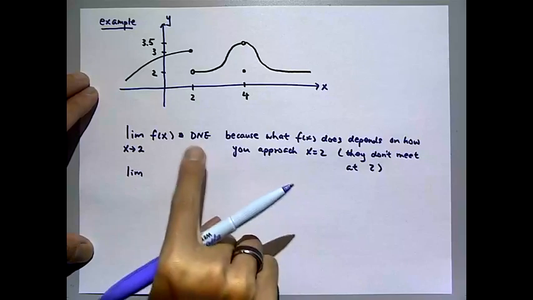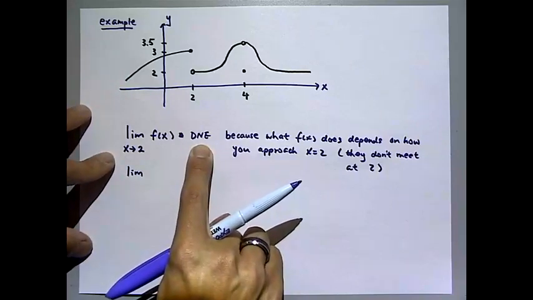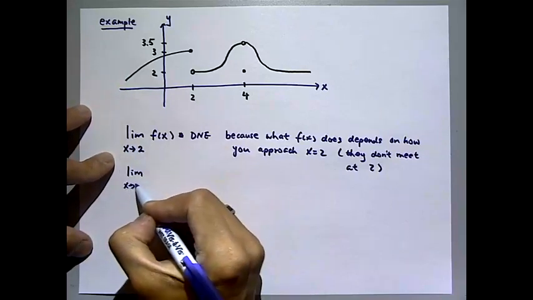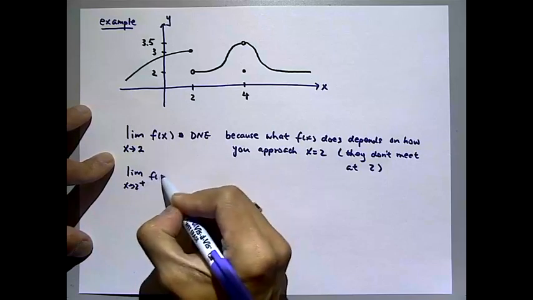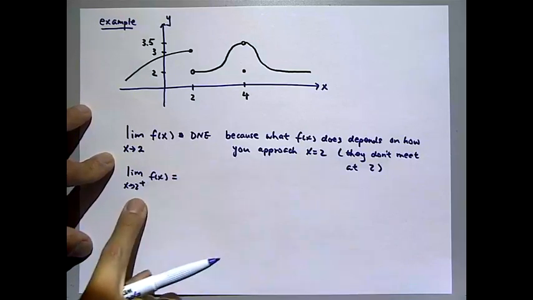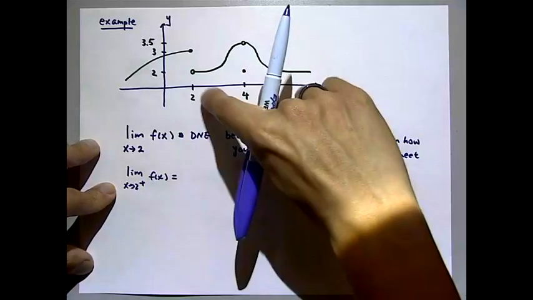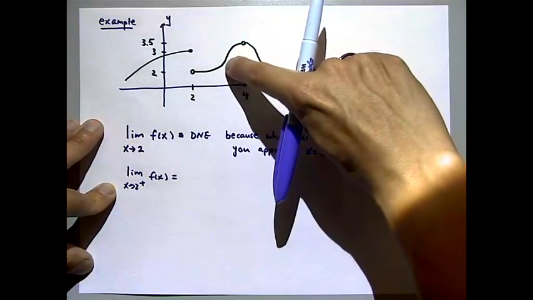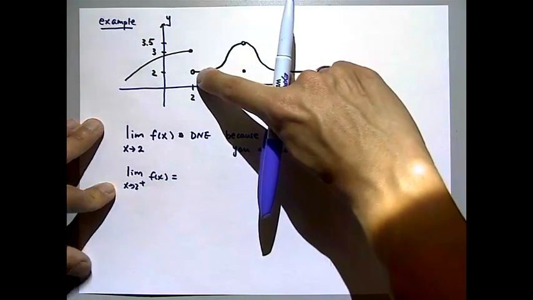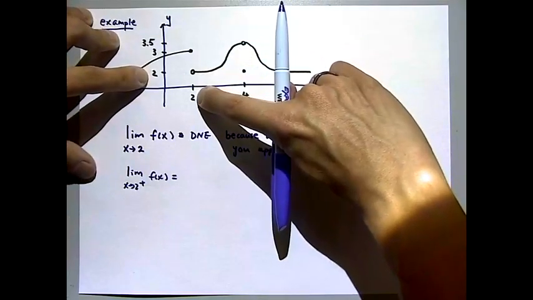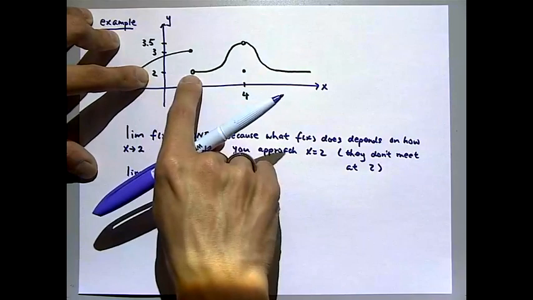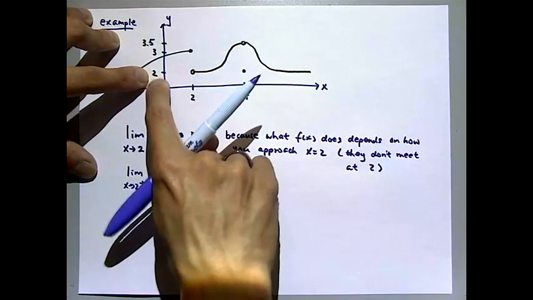Okay? Even though the regular limit does not exist, it is still meaningful to talk about one-sided limits. The limit as x approaches 2 from the right side: as I follow this green path right here, when I get closer and closer to 2, y becomes closer and closer to 2. Okay?